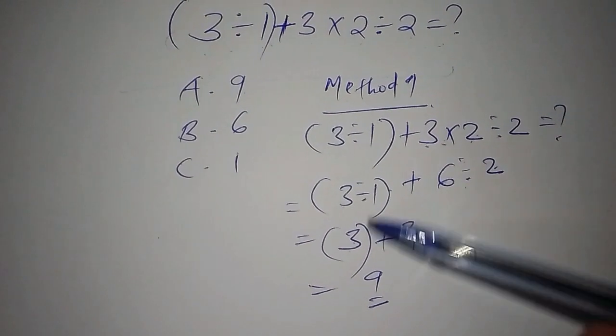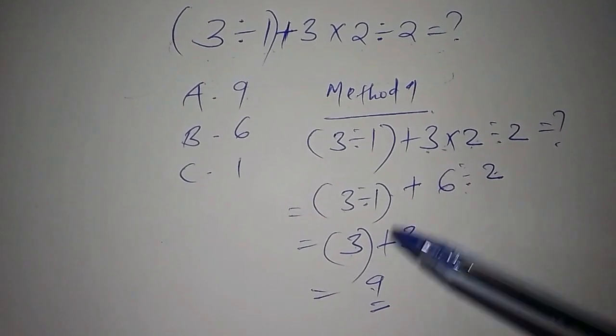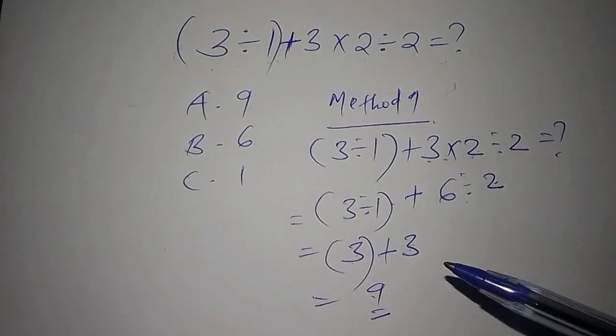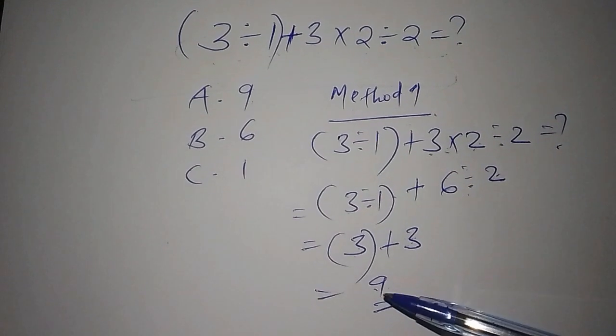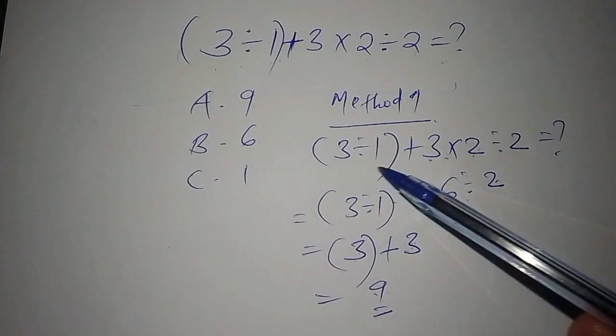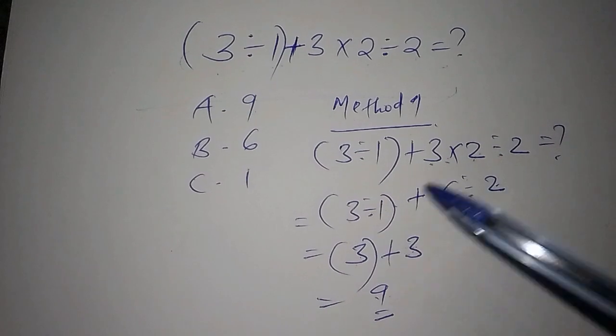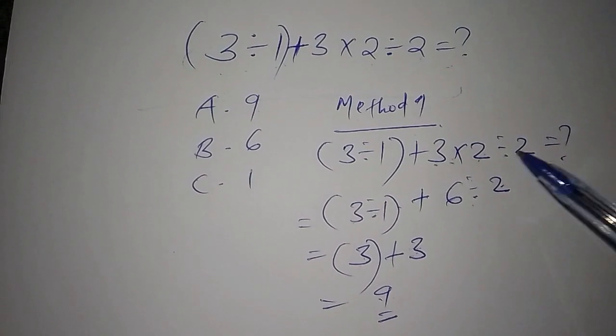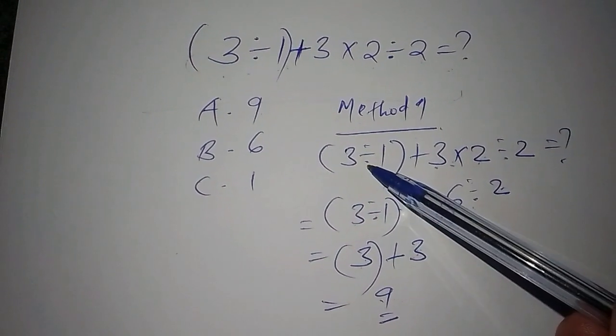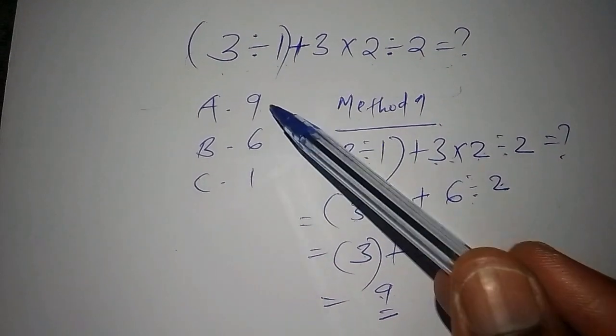Now if you look at this first method, I think there was an error that was committed somewhere. The first thing that this person was supposed to do was to work out the bracket first, but he went ahead and worked out the division first, not considering the bracket, and got the answer as 9.